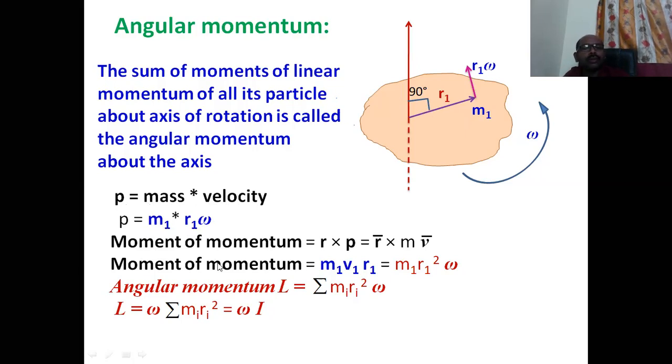Now the angular momentum is equal to r cross p. This moment of momentum is defined as r cross p. Here I have shown with bigger bold letters that these are vectors. Now r bar cross m v bar. In linear momentum, m is the scalar, v is the vector, r cross v.